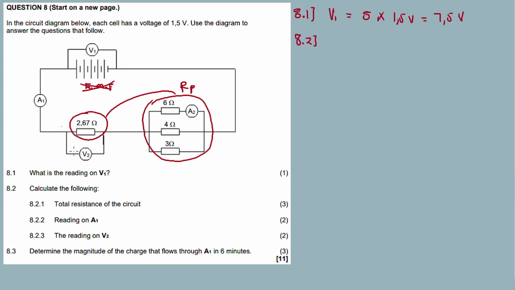Then we get the total resistance by adding this resistance with the total, because they are connected in series. So let's do the total resistance for the parallel connection.